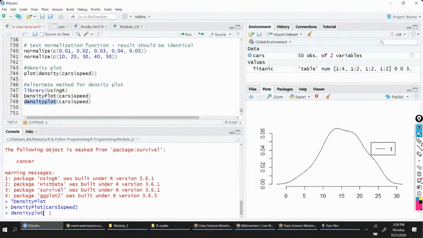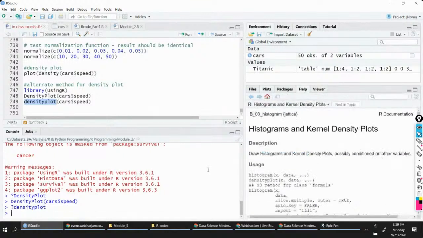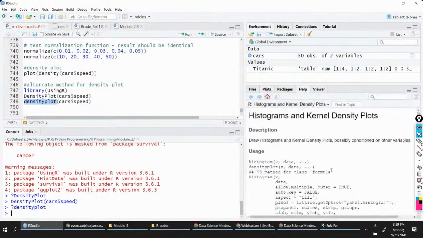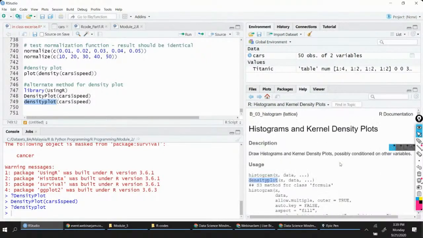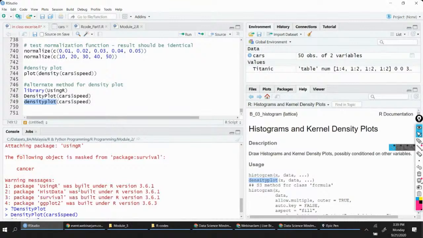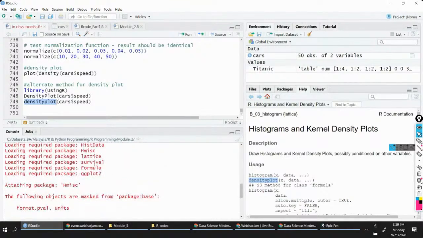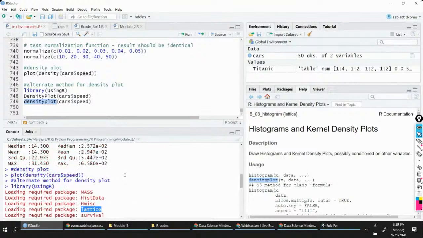Density plot comes in two flavors. One is the uppercase D, the other one is the lowercase d. This densityplot with lowercase d is part of another package called lattice. Lattice is a dependent package which is required for using R, so automatically lattice is also loaded.